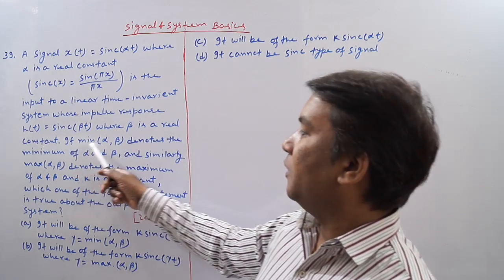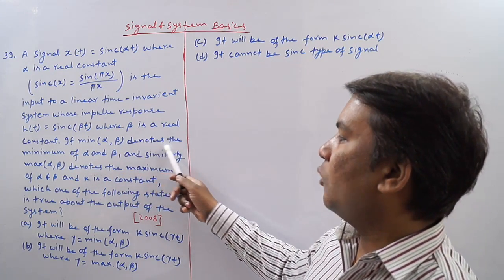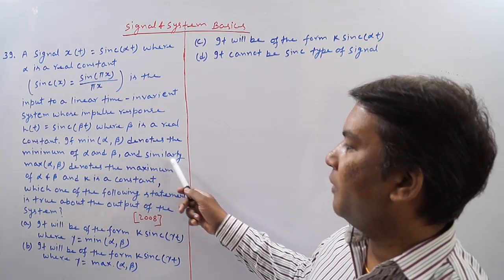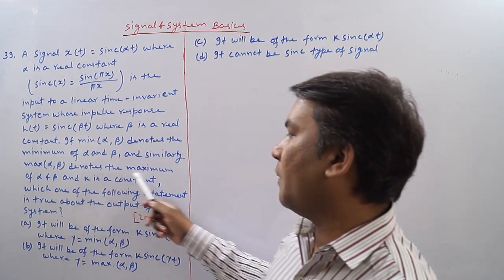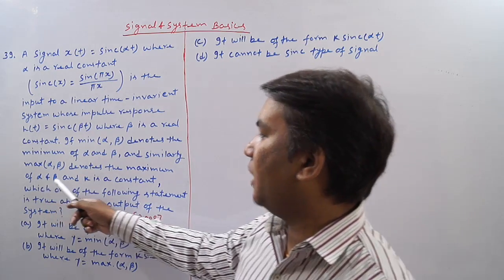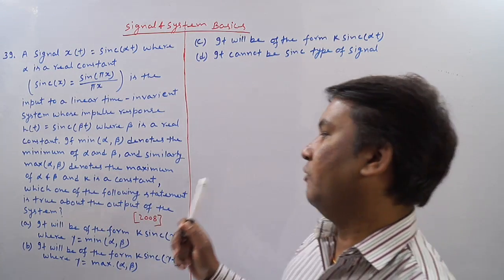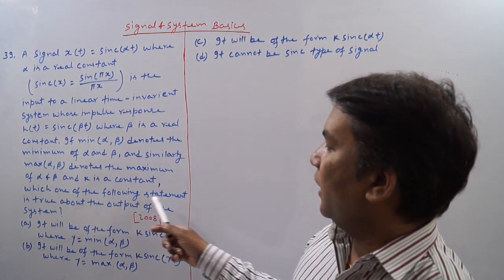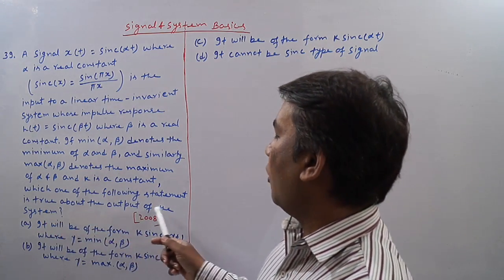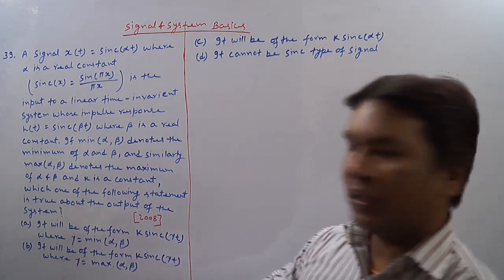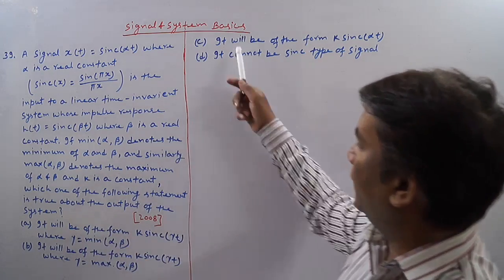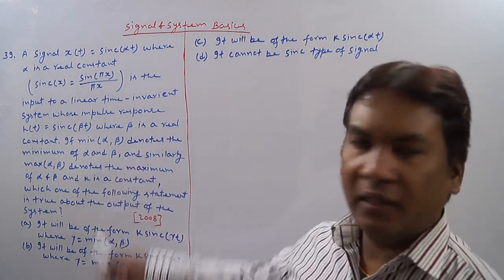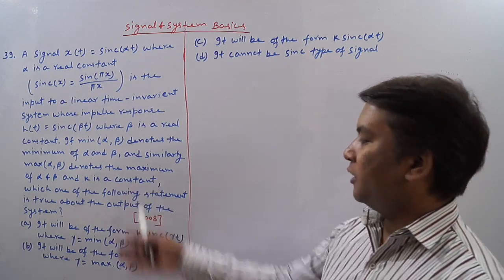If min(alpha, beta) denotes the minimum value of alpha and beta, and similarly max(alpha, beta) denotes the maximum of alpha and beta, and k is a constant, which one of the following statements is true about the output of the system? There are 4 statements given, and this question was asked in GATE 2008. So let us see which statement is true.